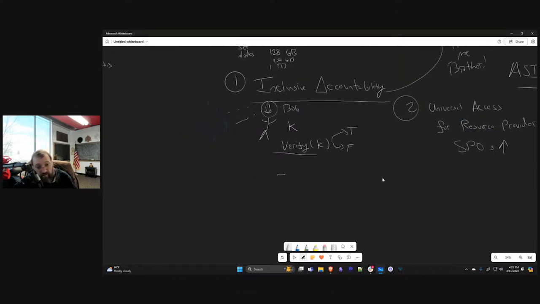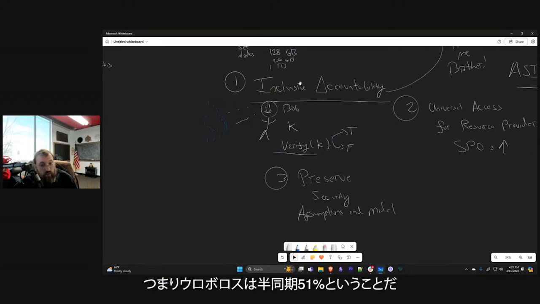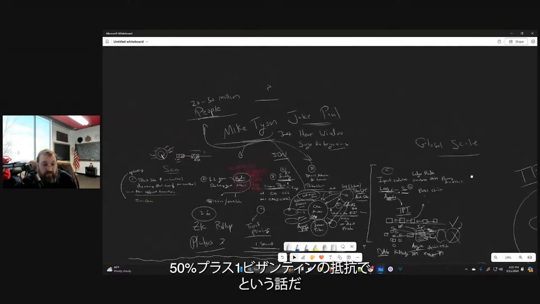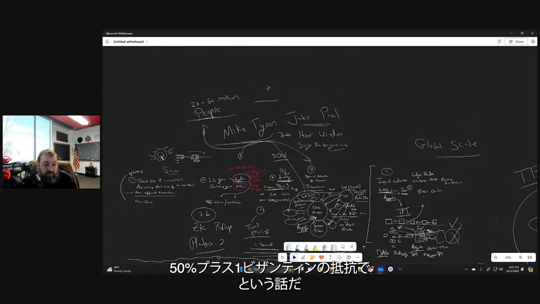And 3, to preserve the security assumptions and model. So Ouroboros, semi-synchronous, 51%, 50% plus 1 Byzantine resistance. That's the story.